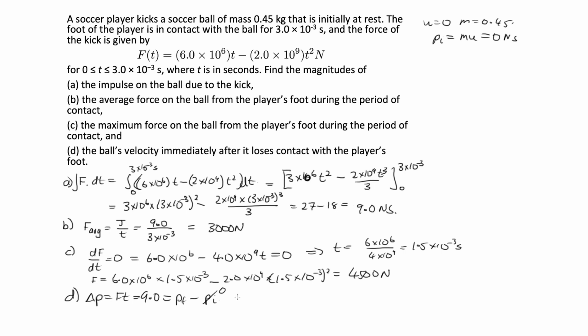And so that tells us that the mass times the final velocity is equal to 9, and so the final velocity is equal to 9 divided by the mass, and the mass was 0.45, so we've got 9 divided by 0.45, and so solving that, we have 20 meters per second as the final magnitude of the ball's velocity.